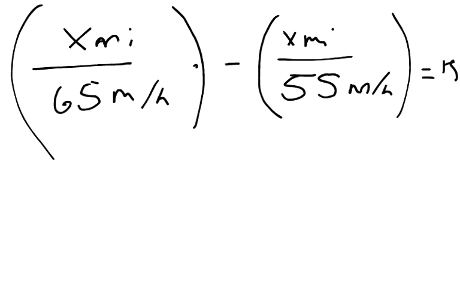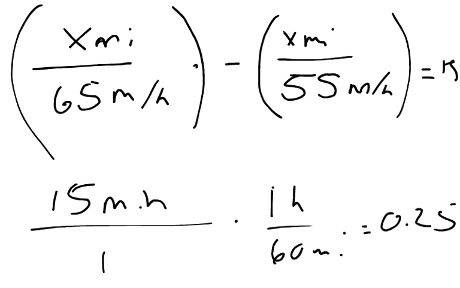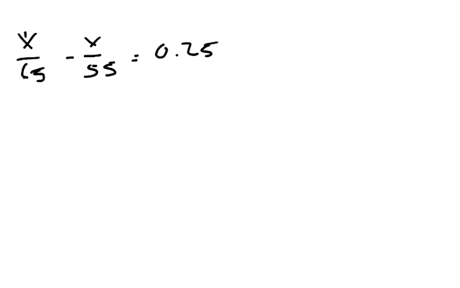We're reporting in hours, so if we convert the 15 minutes to hours, 15 over 1 times 1 hour over 60 minutes, it equals 0.25 hours. So basically this equation is going to equal 0.25 hours.